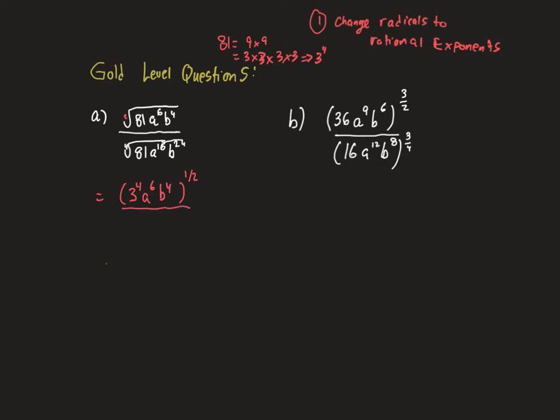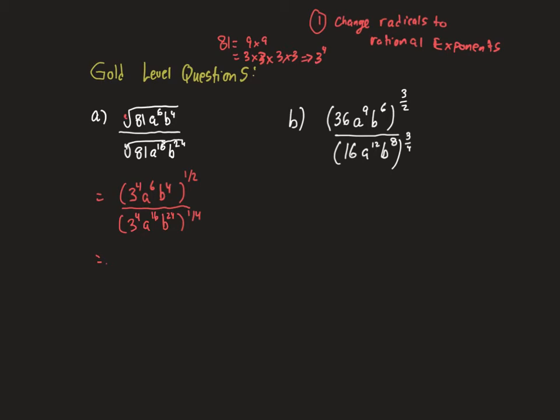And on the bottom, this is the same thing as saying 1 over 4. Remember, the number on the outside becomes my bottom. And then the rest of it, 81. Once again, that's 3 to the power of 4. A to the 16, B to the 24.